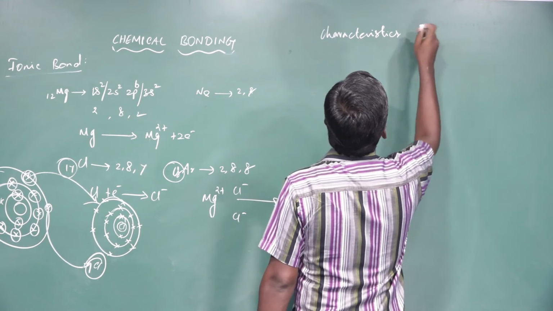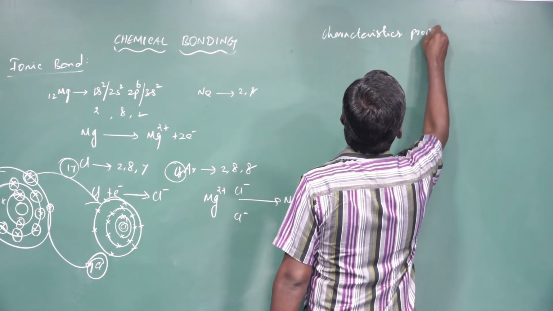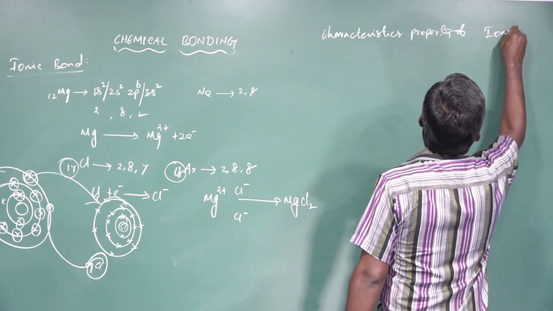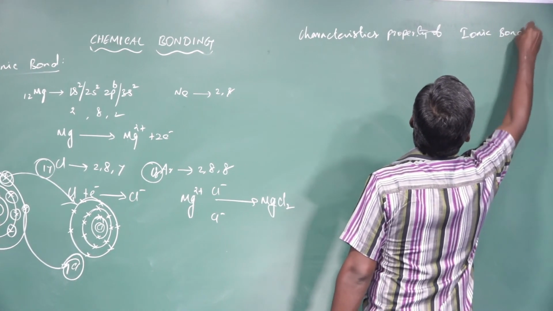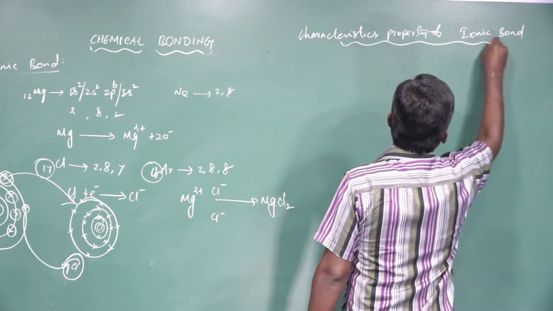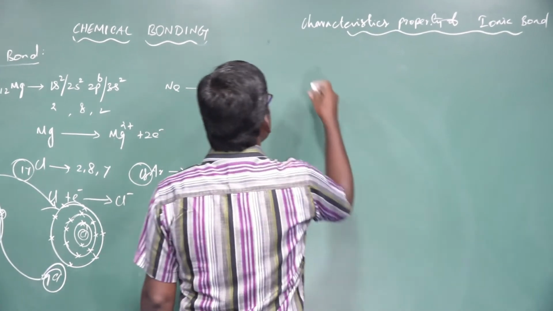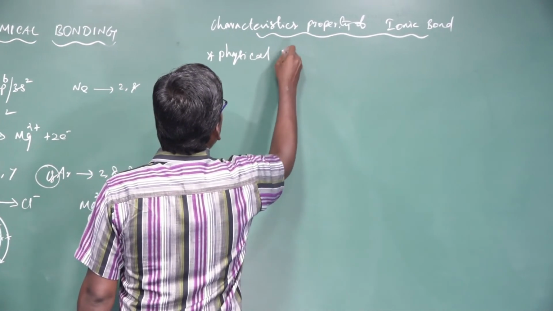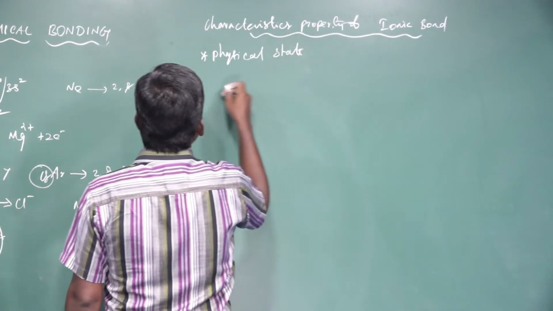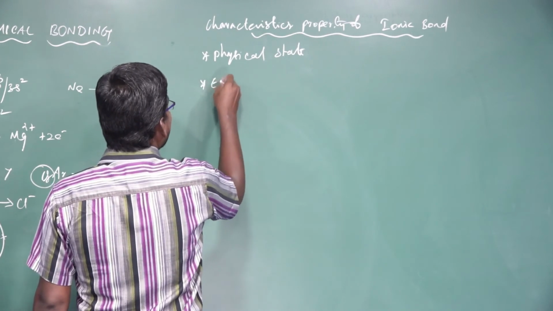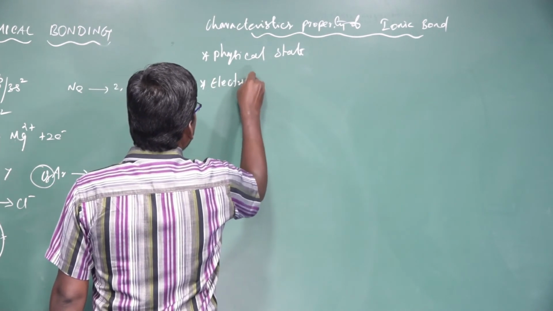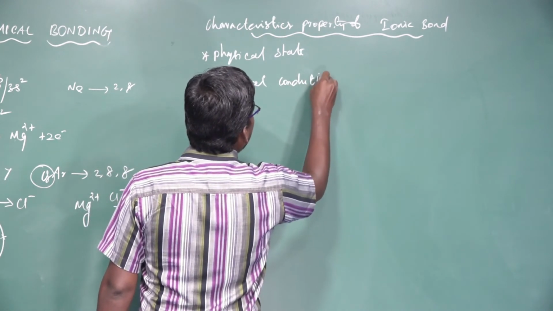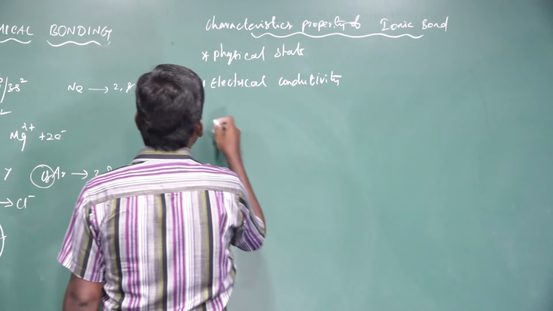Characteristic properties of ionic bond. First one, physical state. Next, electrical conductivity.